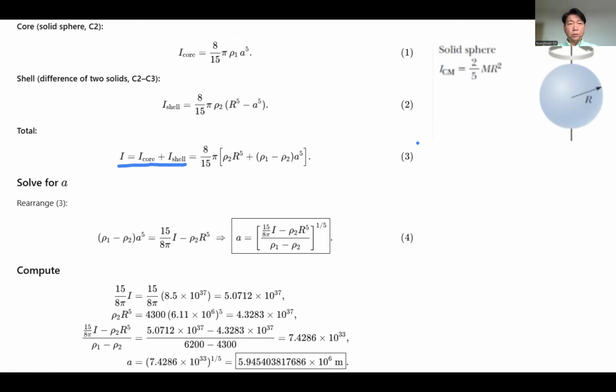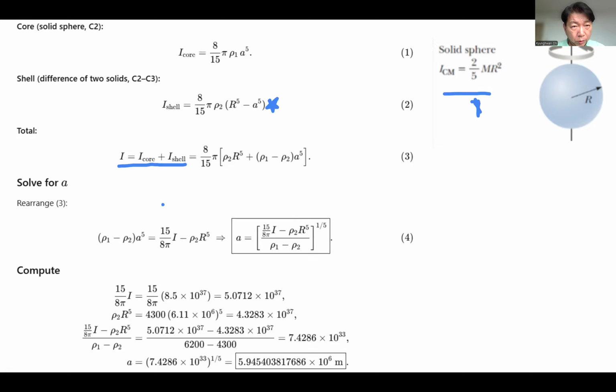And then we need to find the moment of inertia for the core and the moment of inertia for the shell, utilizing this case. The shell is given by this one. And then what we need to do is rearrange this, and then we have this relationship.